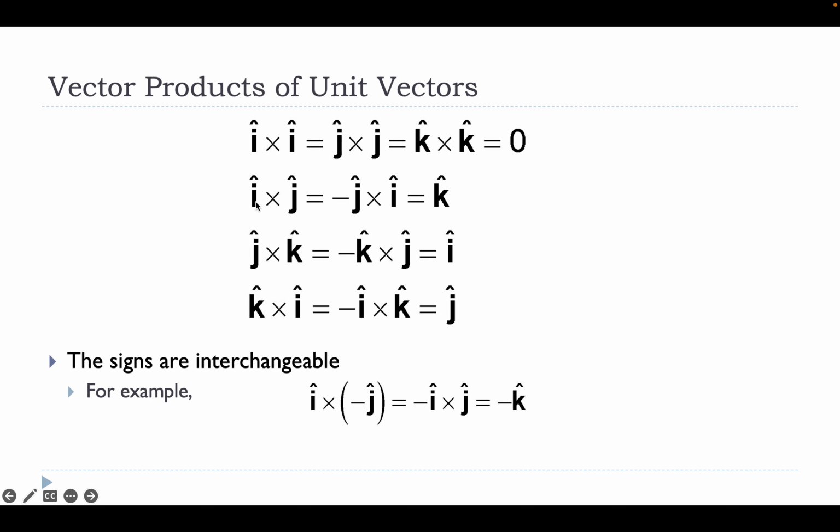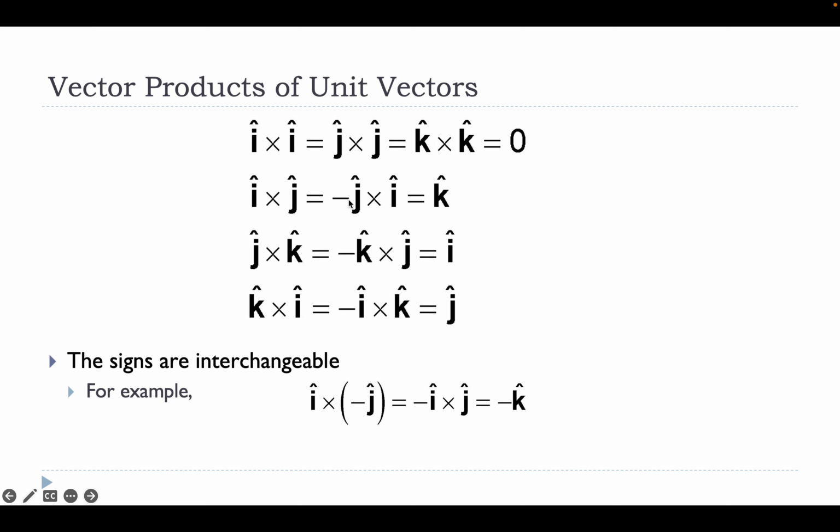It turns out if you go in a cyclic order, like I to J, which is the order X, Y, Z, I crossed into J gives you a new vector along the Z direction, or the K direction. If you go again cyclically like Y, Z, so J crossed into K, that gives us a vector in the X direction, the I direction. And then K crossed into I, again each of them has a length of 1 and they're at 90 degrees, so that gives you a unit vector along the Y direction. So Z crossed into the X direction gives you the Y direction.